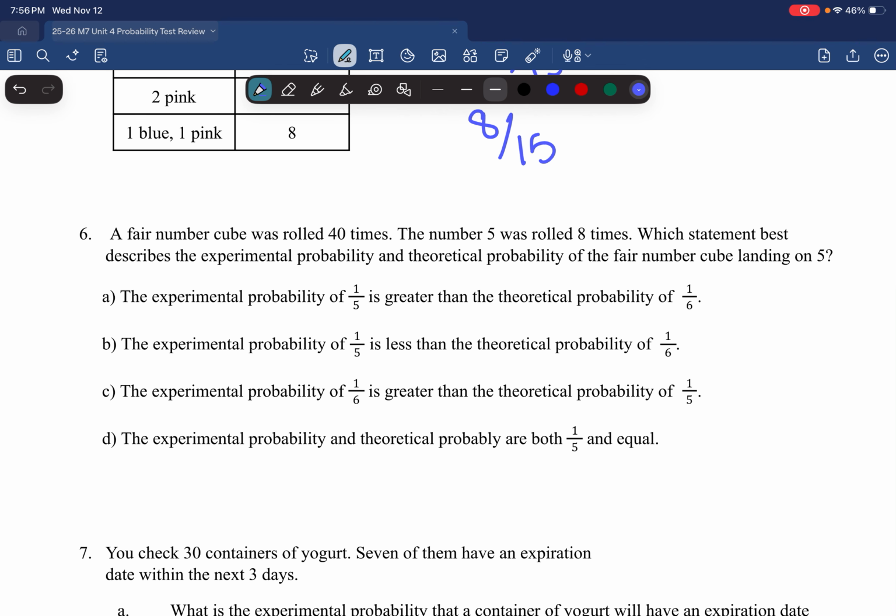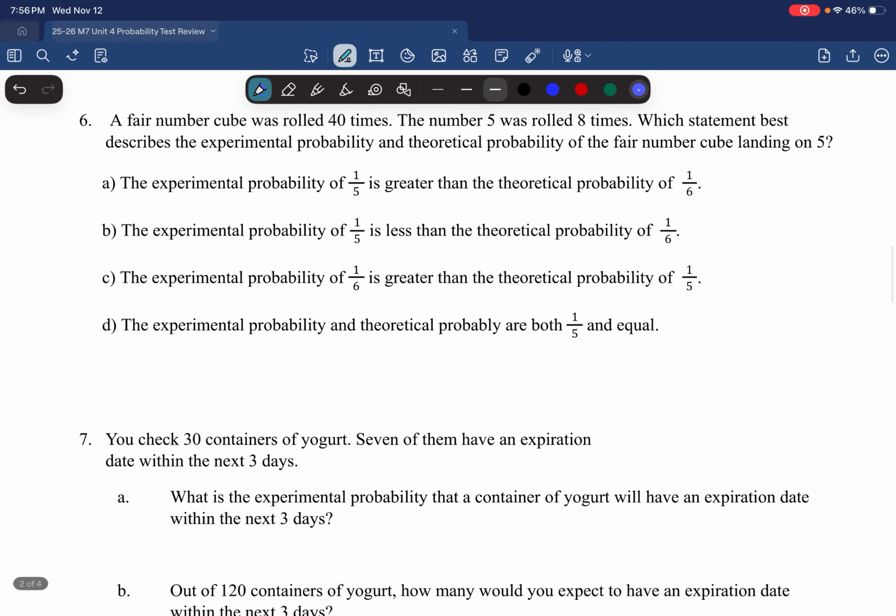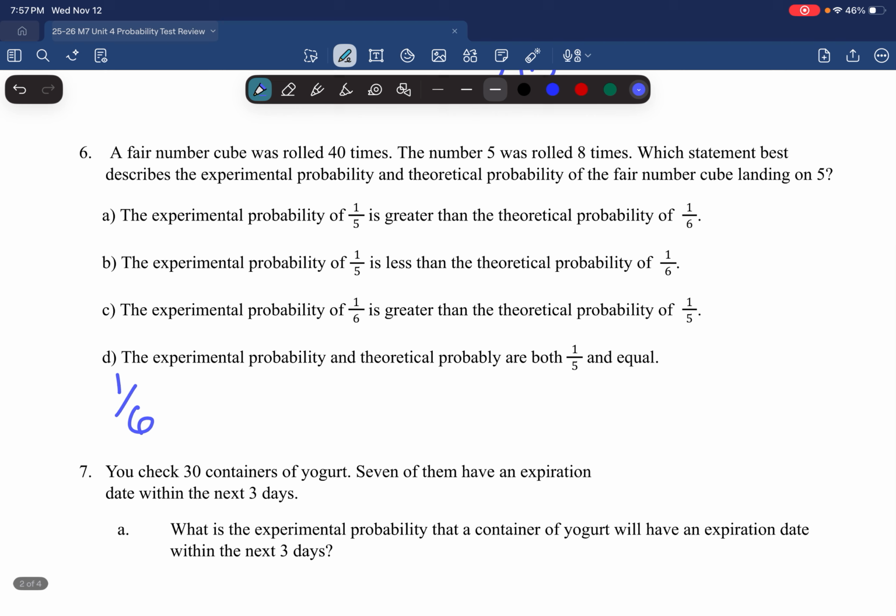So for just a regular number cube, there's only one 5 out of 6 spots, so that's going to be 1/6. And then the number of times we landed on 5 was 8 out of 40. Remember, I got those numbers from here and here, and then a dice has 6 sides, so that's where I got 1/6. All right, so can you reduce 8/40?